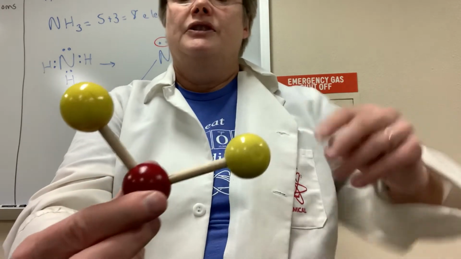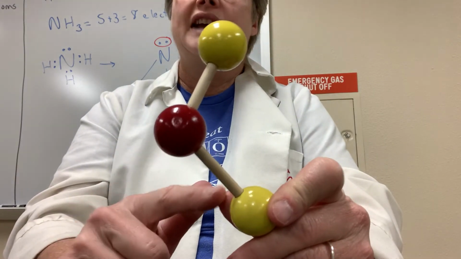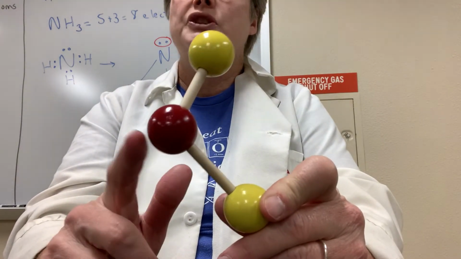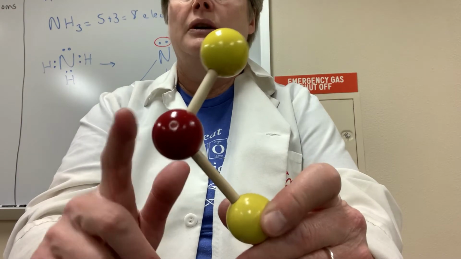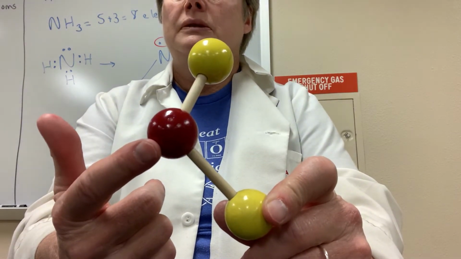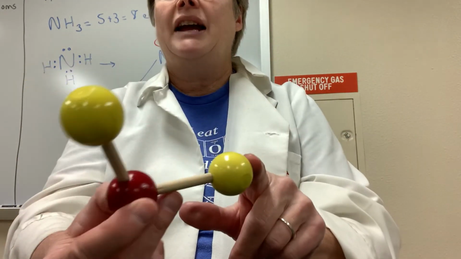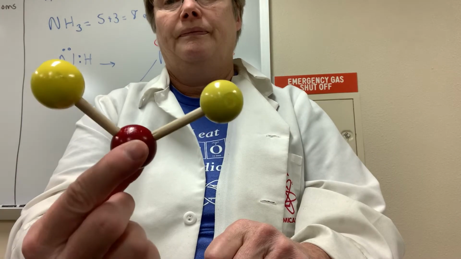Okay? So it's a polar molecule. So the oxygen, being electron hungry, gets more of hydrogen's electrons share than hydrogen does. So we have a negative region at the oxygen, and we have a positive region at each hydrogen.